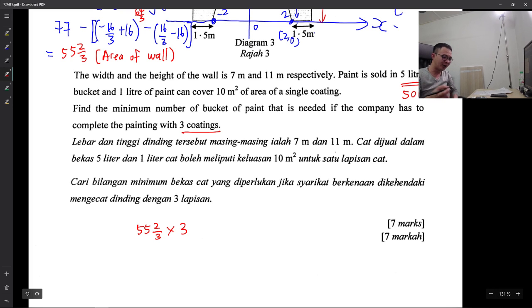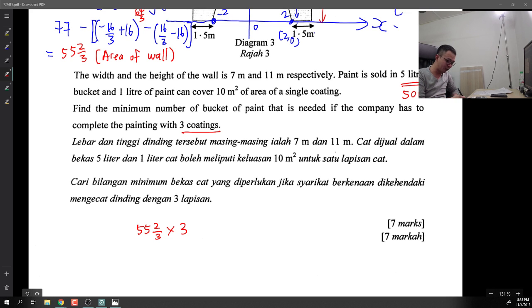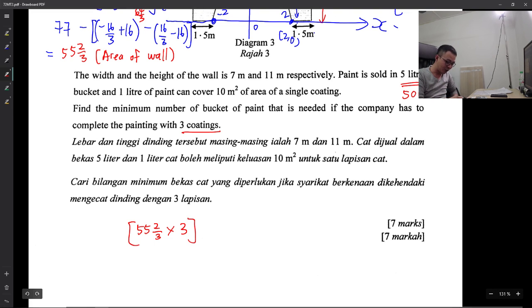And then I want to know how many bucket I need to buy, because each bucket actually can paint 50 meters square, right? So this one will be the total area. So the total area here, I will divide it by 50. Then I can know the number of bucket I actually need to buy. So I will times 3 divided by 50. So I will get 3.34.